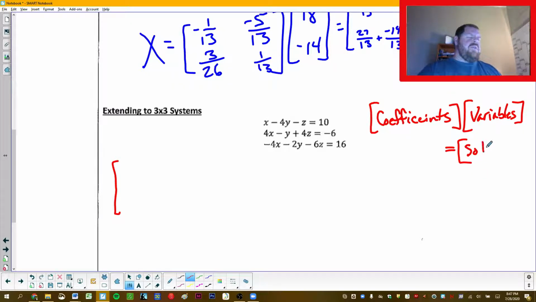There's a great word for that, and I guess I forgot it before. I would say constants.